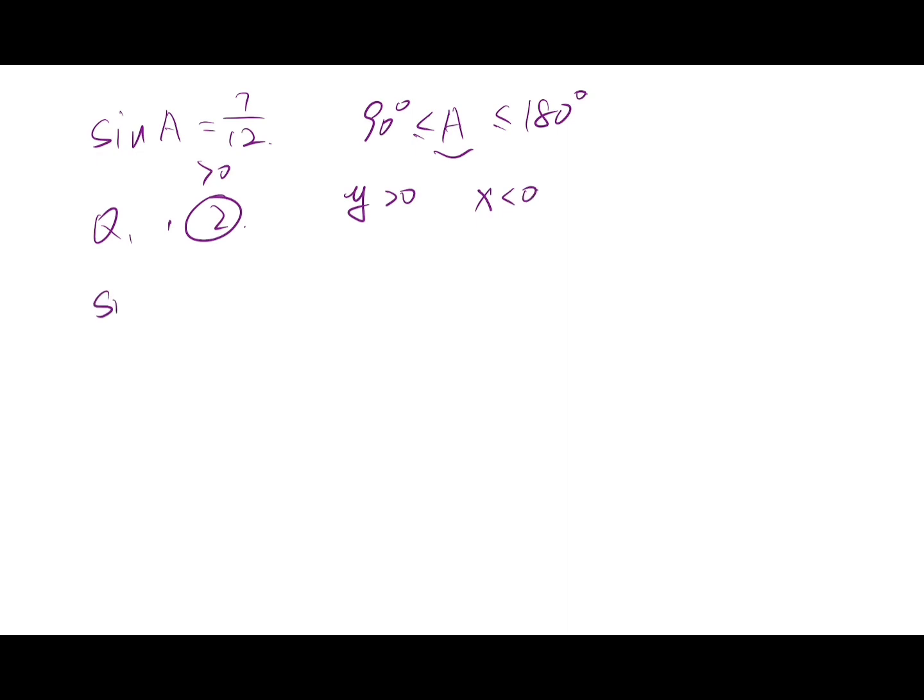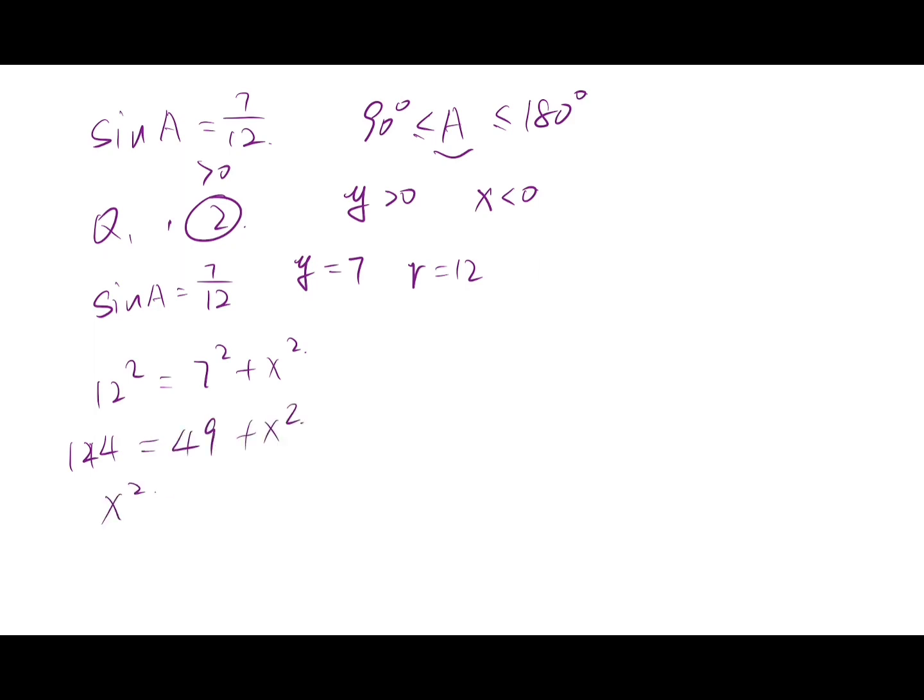Sine A is 7 divided by 12, so y is 7 and r is 12. Then 12 squared equals 7 squared plus x squared.